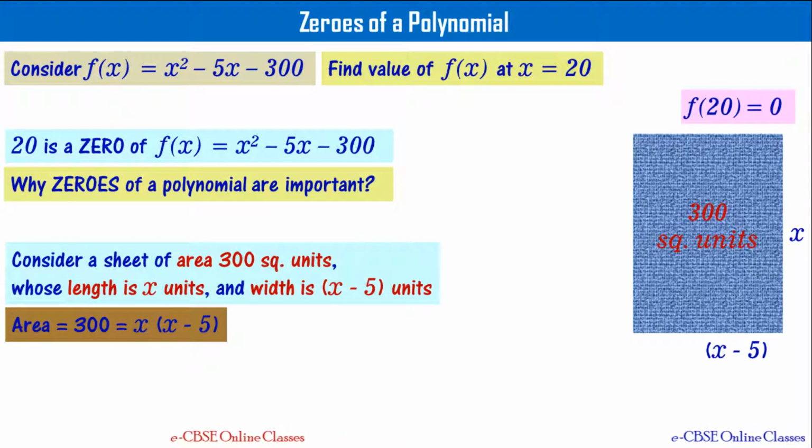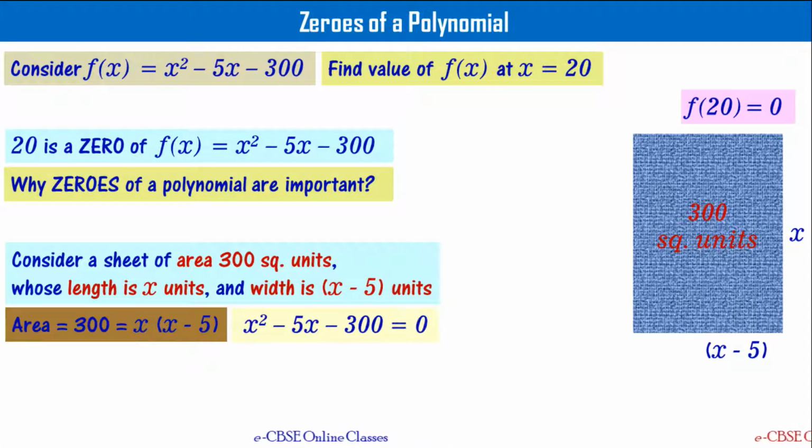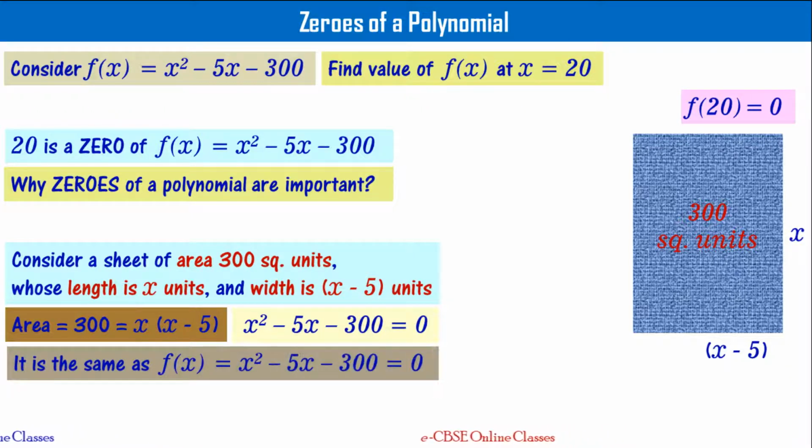Since it is a rectangle, we can multiply x into x minus 5 is going to be your area, right? This equation can be rearranged to write it as x square minus 5x minus 300 is equal to 0. It is similar to saying that f of x equal to x square minus 5x minus 300 equal to 0, right? It means that f of x is 0.